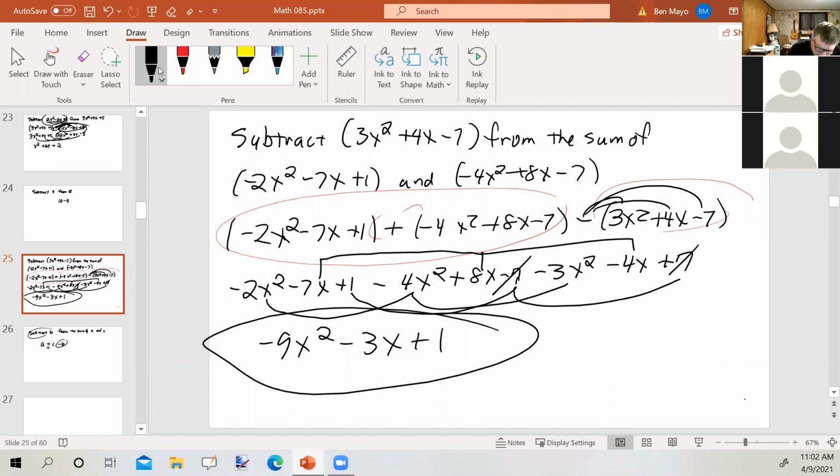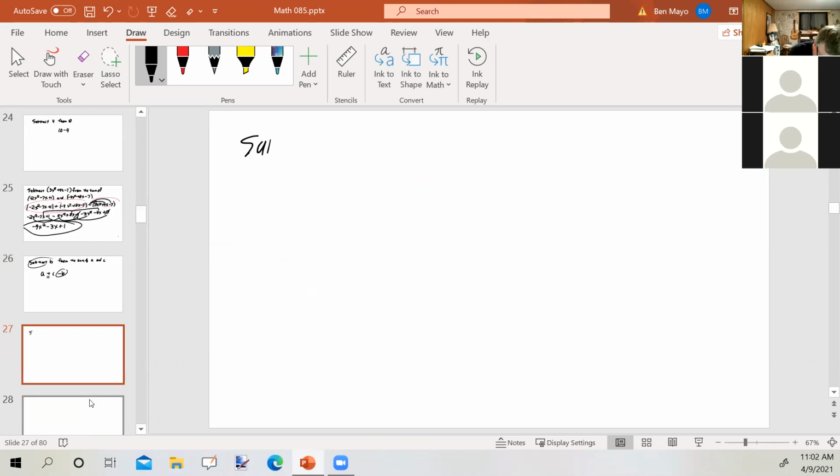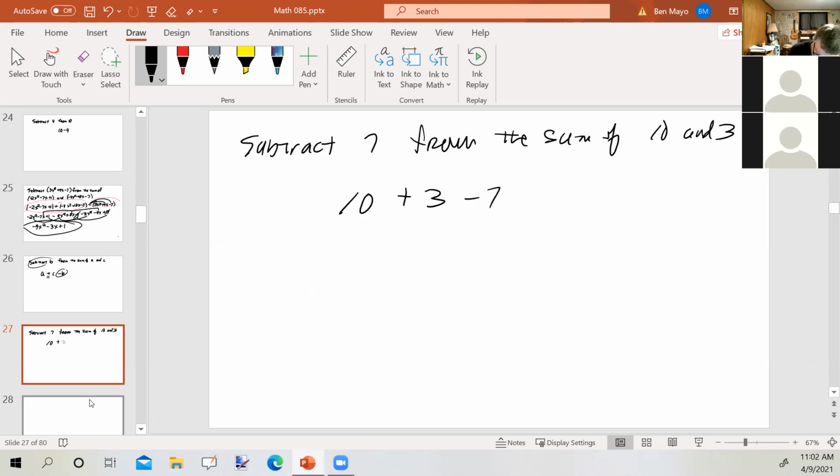If we had just individual numbers, if we had subtract 7 from the sum of 10 and 3, we go 10 plus 3 minus 7, right? And then we'd say, oh, that's 13 minus 7, and that's 6. That's kind of what you're thinking?